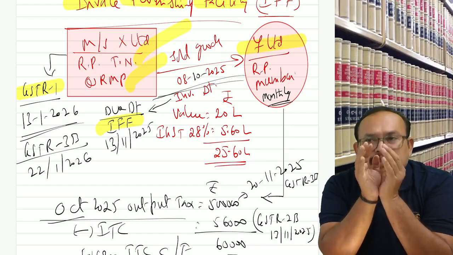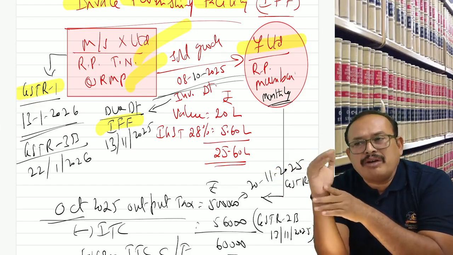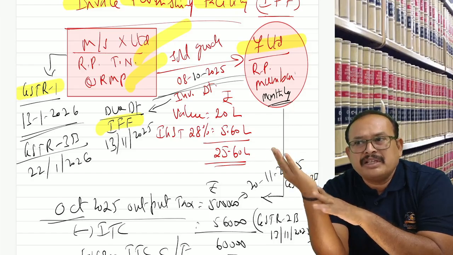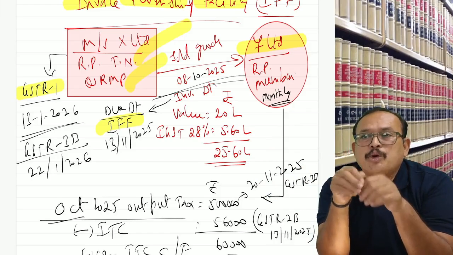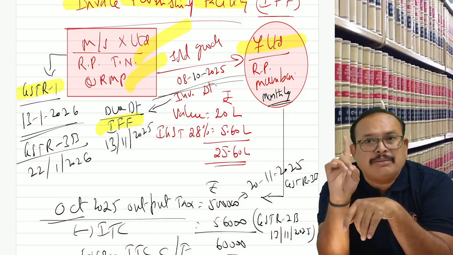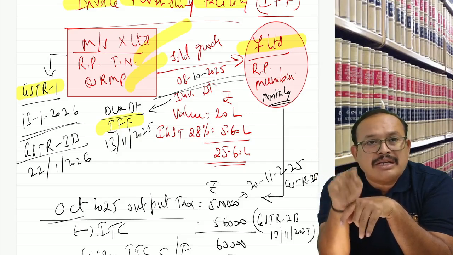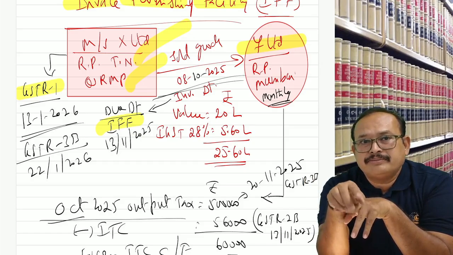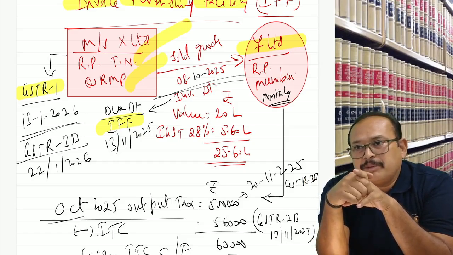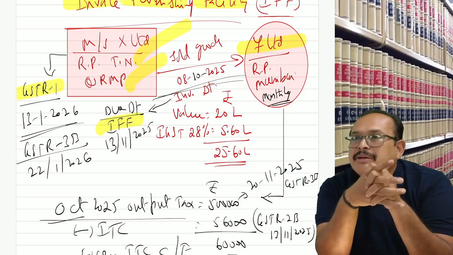Simple to say, the IFF facility is the only facility to pass the credit in time to the buyer, not to wait for 3 months or 2 months. In that case, the value of invoices that can be uploaded is up to rupees 50 lakhs in a month. Those invoices again are not required to be shown in the GSTR 1 return of the vendor. Get my point, sir? This is the maximum of QRMP.